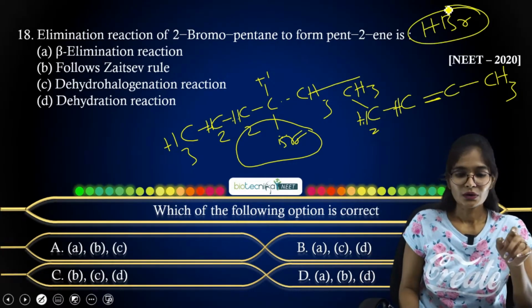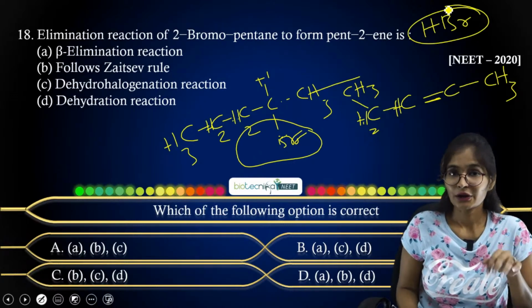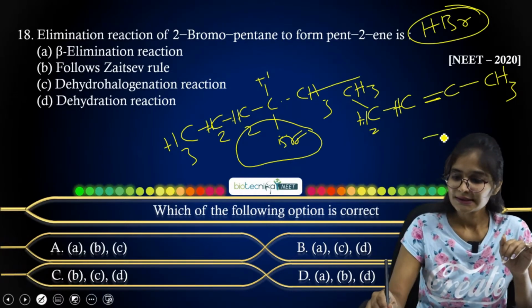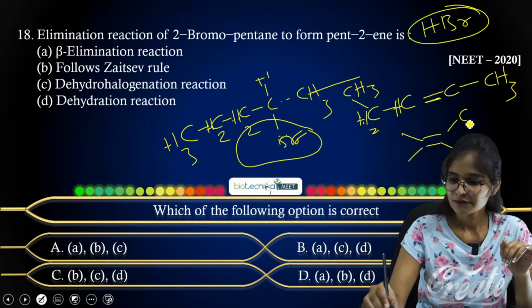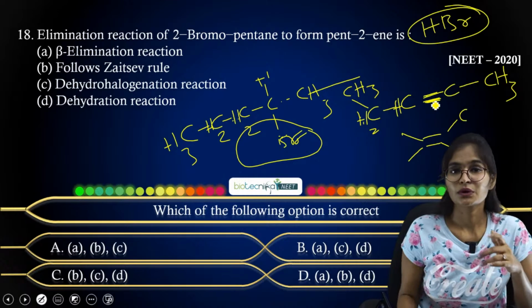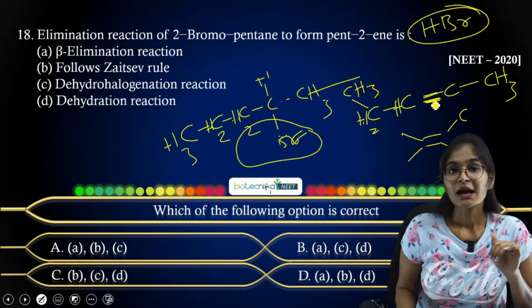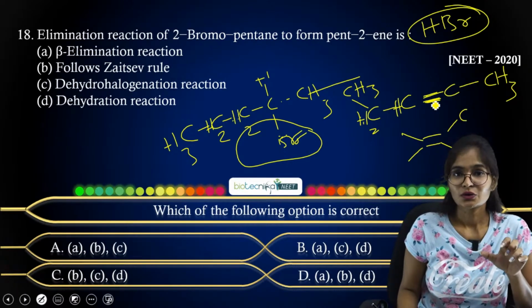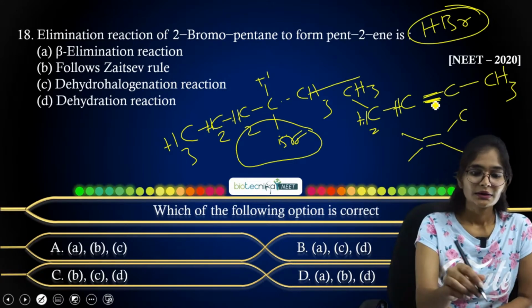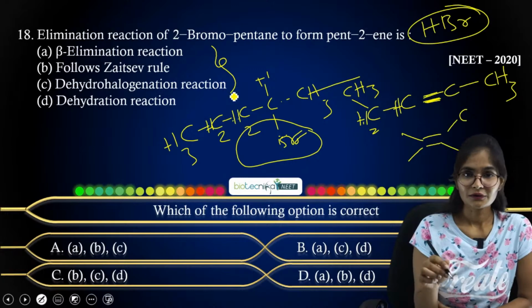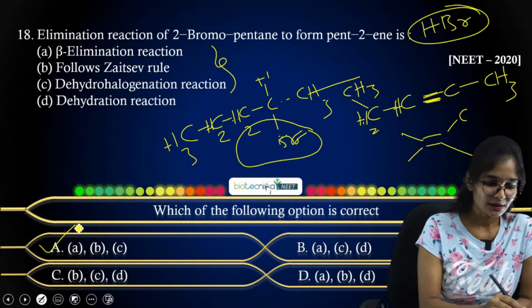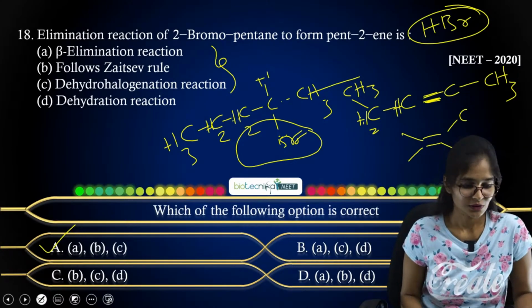Now coming to the Zaitsev rule: according to the Zaitsev rule, the double bond you form will be the highly substituted alkene. That's why statements A, B, C are all followed, and option A has to be the correct answer for this question.